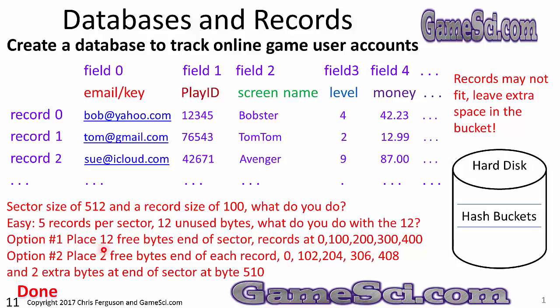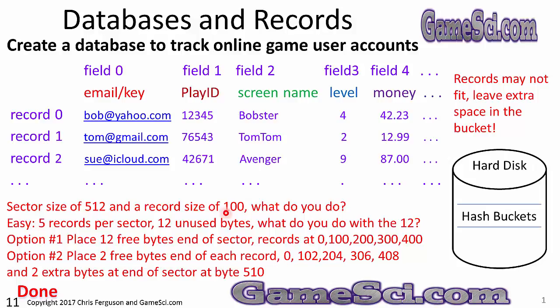Option number 1 says place all 12 free bytes at the end of the sector. That means we'll have records starting at byte 0, byte 100, byte 200, byte 300, byte 400. That's nice and simple. The last 12 bytes, bytes 500 to 511, will be free and unused. Option number 2 is to place 2 free bytes at the end of each record.